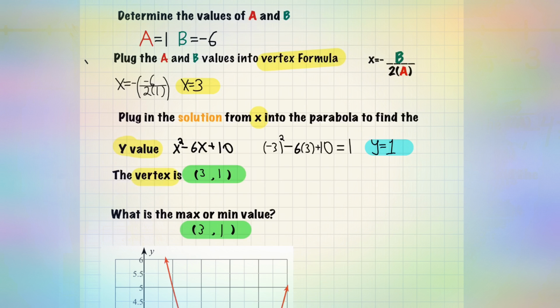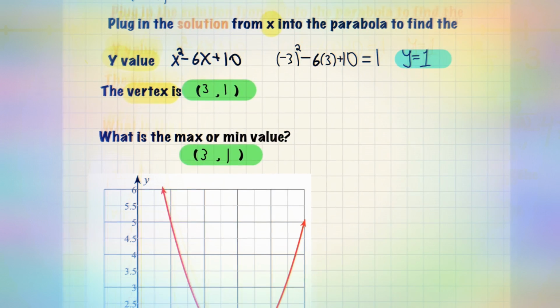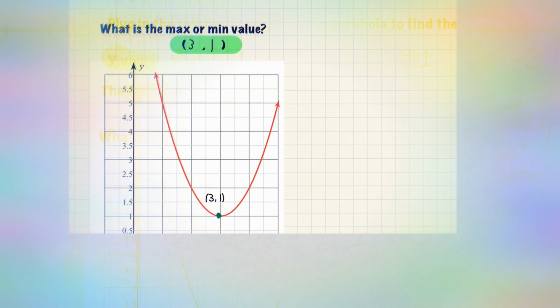So when I simplify this, I get the vertex is (3, 1) right here. The max and min are going to be (3, 1), so this is the minimum. And the axis of symmetry is x equals 3.